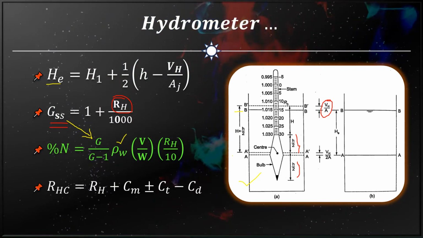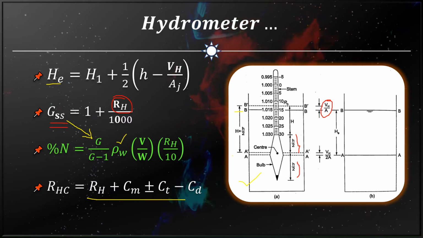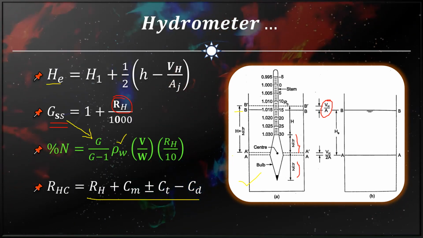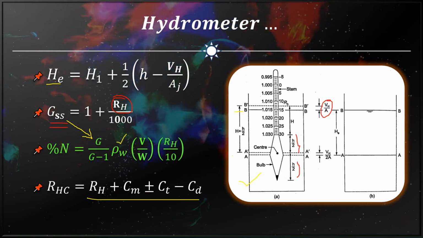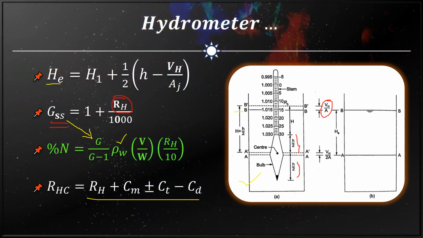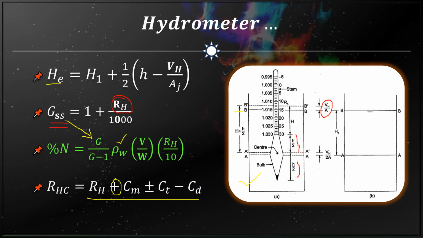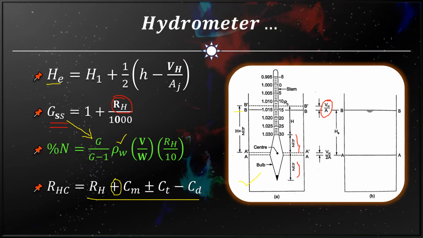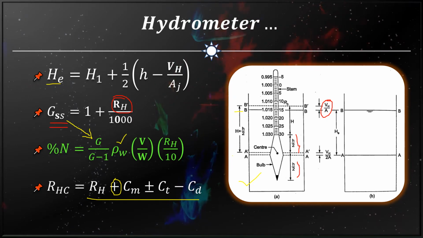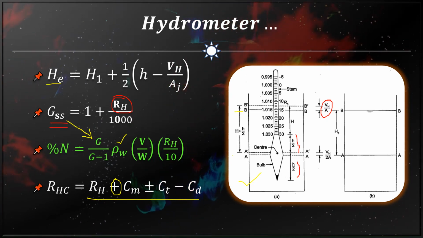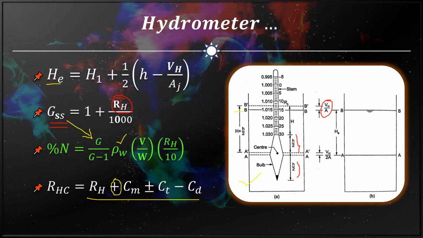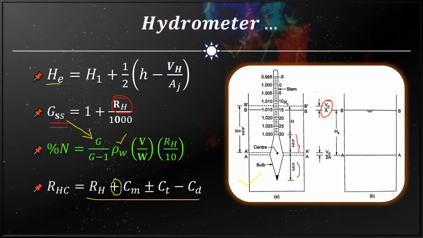And what is the corrected reading of hydrometer? That is given by Rh plus Cm plus or minus Ct minus Cd. What is Cm? Cm is the meniscus correction and it is always positive. And what is Ct? Ct is the temperature correction and it can be plus or minus according to the temperature value. The standard temperature is 27 degrees Celsius.